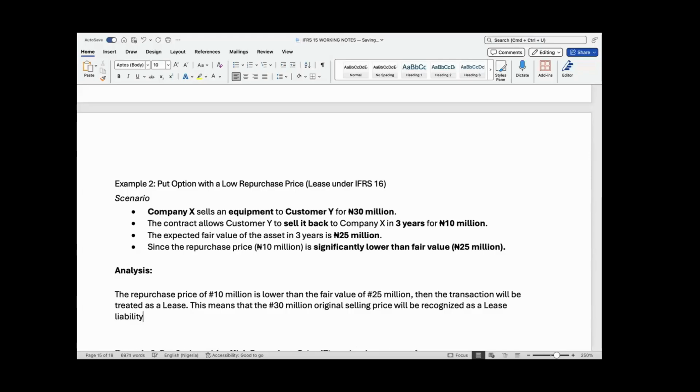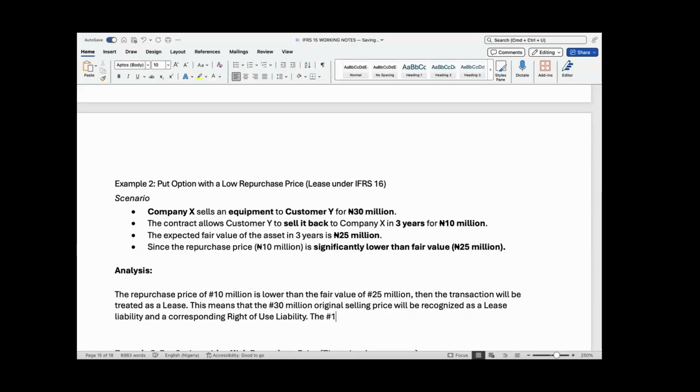As a lease liability. You know that I've not taught you leases yet. So the way to recognize it is as a lease liability, and we are also going to recognize a right of use asset to complete the leg. So when I teach you leases, this will be clearer.